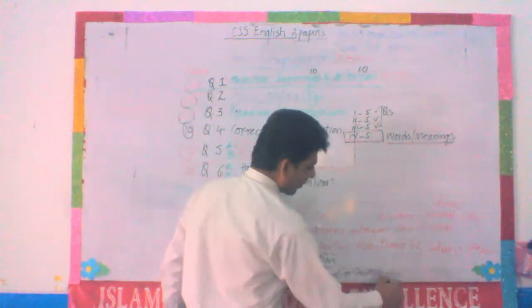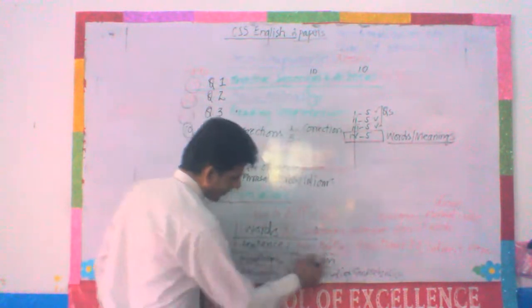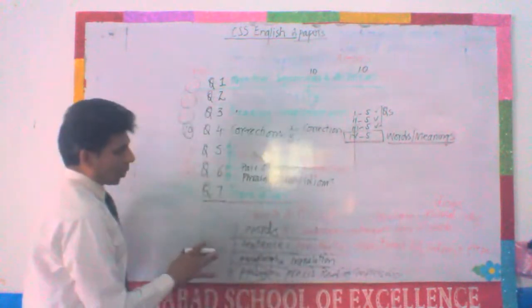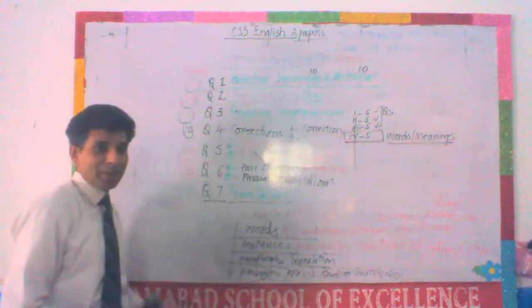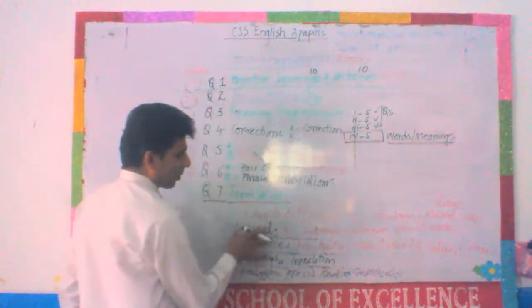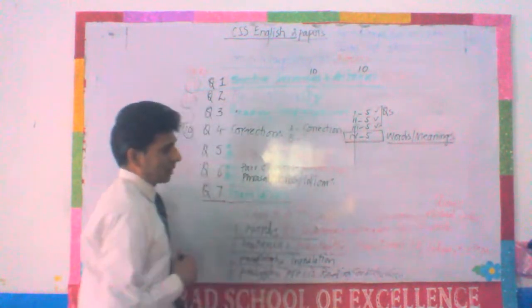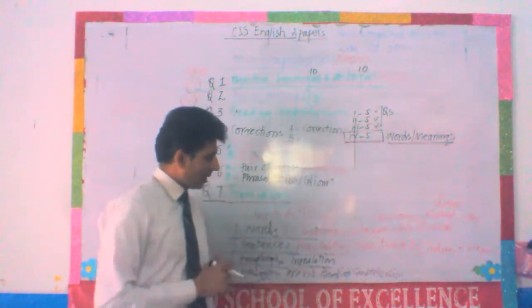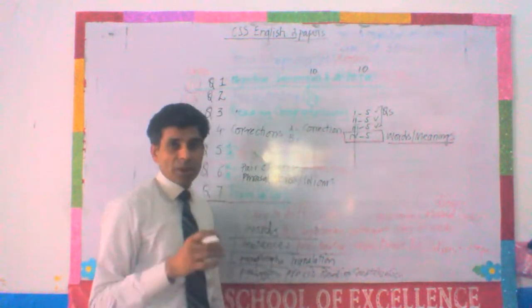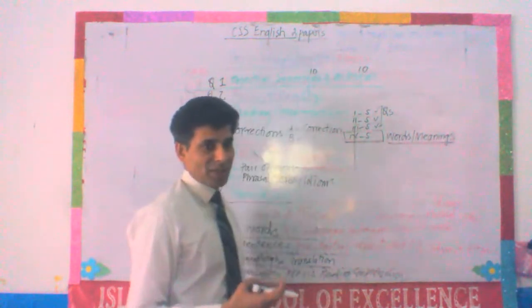Here there may be more than one paragraph. So you can combine these two, and this way we have three major portions in our paper that we need to prepare. Number one, we need to prepare vocabulary, words. And for this, where to start? Students should start from part one, because that is the easiest. You have to learn words.